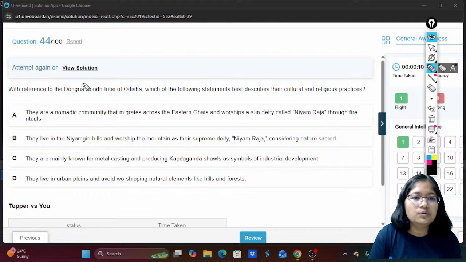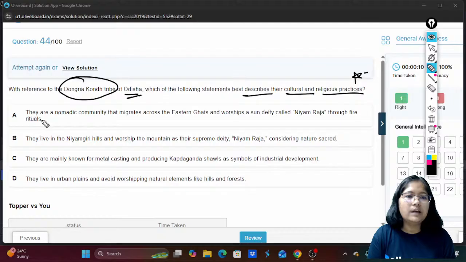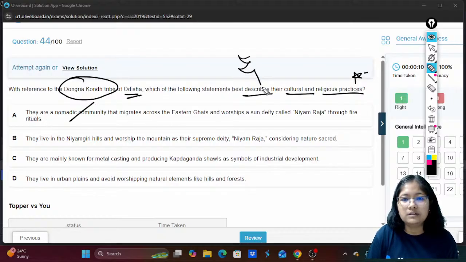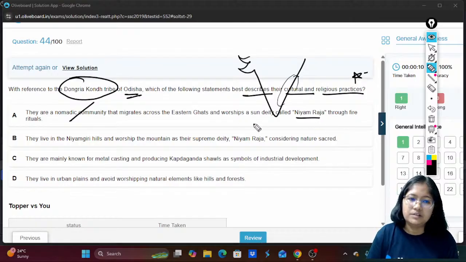With reference to the Dongria Kondh tribe of Odisha, which of the following statements best describe their cultural and religious practices? So they are a nomadic community that migrates across the Eastern Ghats and worship a sun deity called Niyam Raja through fire rituals.